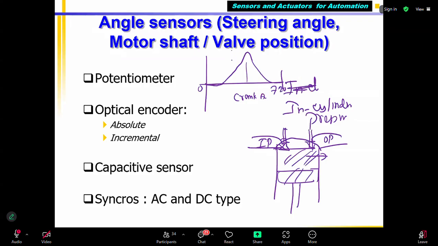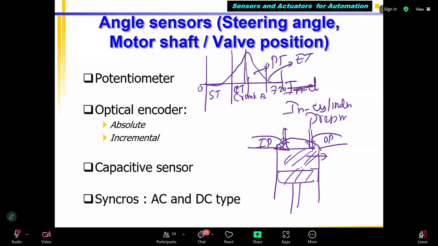Okay. So in the four-stroke engine, this is the suction stroke. This is the compression stroke. This is the power stroke. Correct? The last stroke is the exhaust stroke.